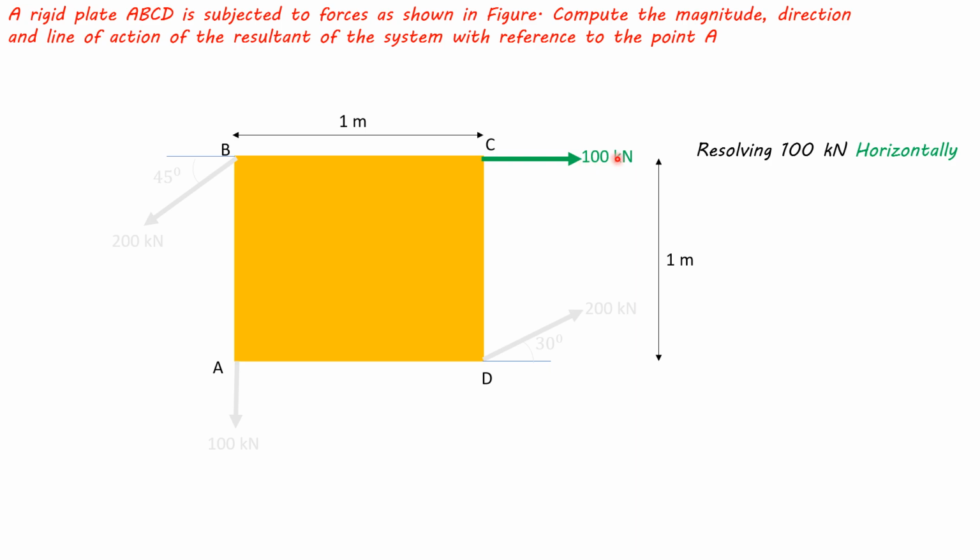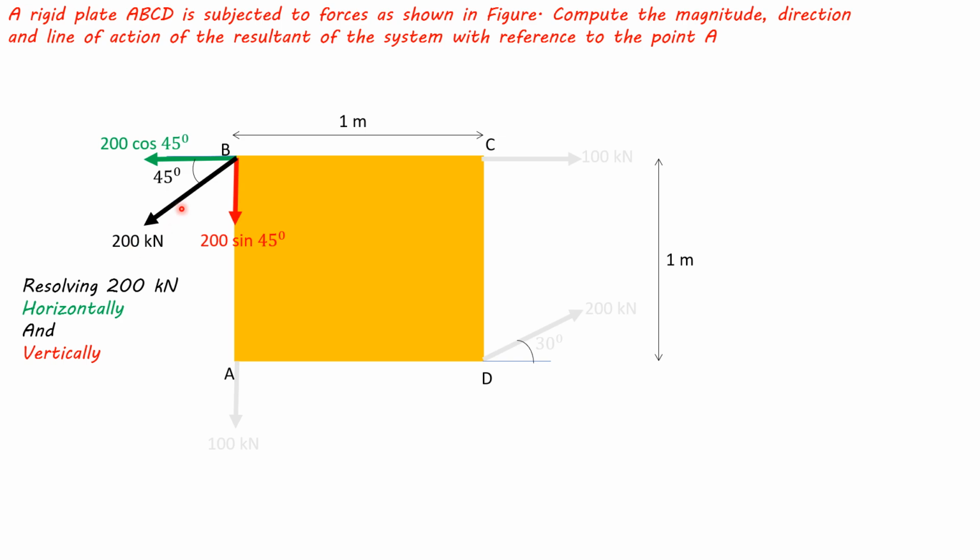Resolving this 100 kN force horizontally, it will be 100 kN directed to positive x-axis. Resolving this 200 kN force into horizontal and vertical components, the horizontal component will be 200 cos 45 degrees directed to negative x-axis, and the vertical component will be 200 sin 45 degrees directed to negative y-axis.